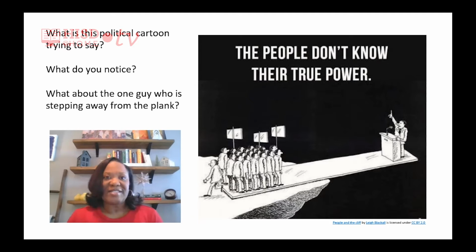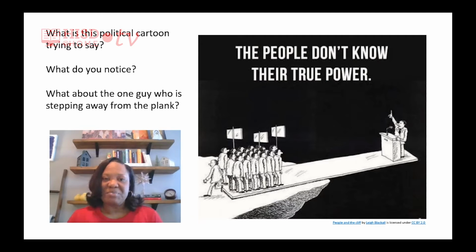It looks like it says the people don't know their true power. Let's look at that again. The people don't know their true power. So if I'm thinking about that phrase and looking at the picture, I notice that there is a plank.